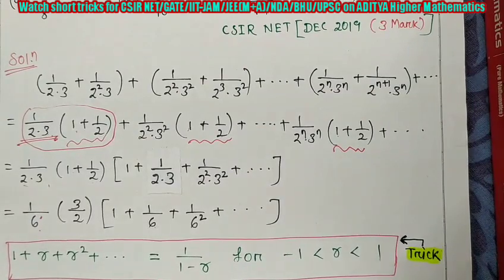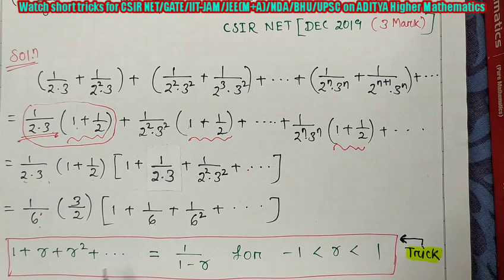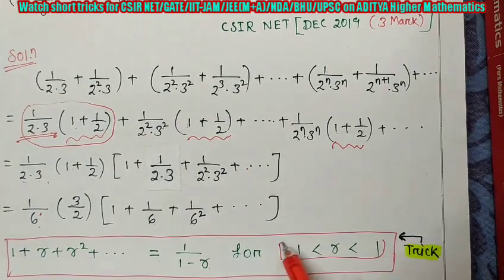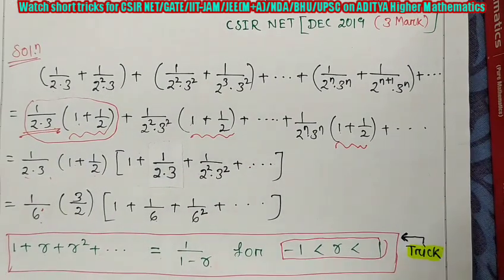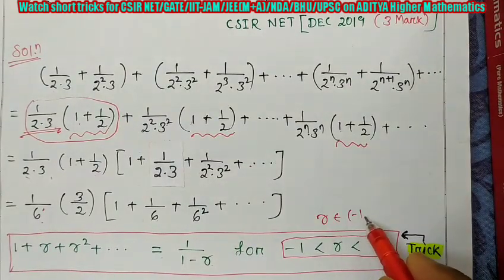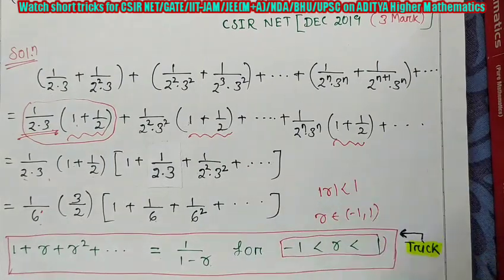Now here I will tell the trick. If it is the sum of an infinite series 1 plus r plus r square up to infinite terms, then its sum value is 1 by 1 minus r, but the main point you have to remember, r must lie between minus 1 and 1. That means r belongs to minus 1 to 1, or also you can say mod r is less than 1.